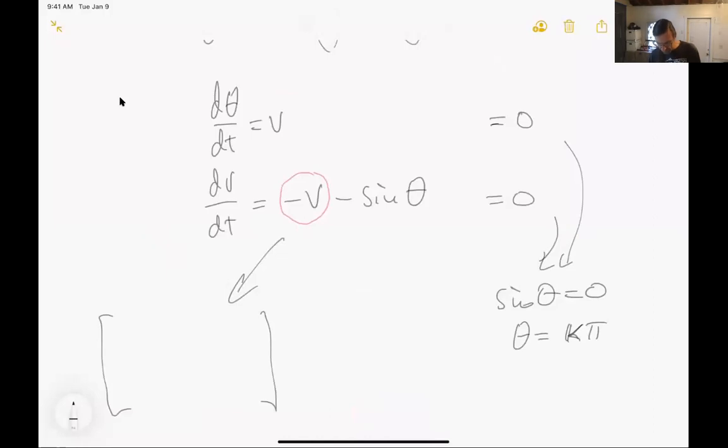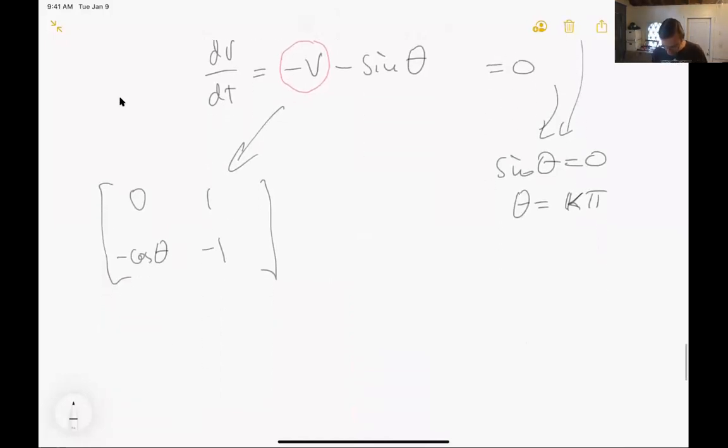Partial of the first function, which we set to theta, is 0. First function with respect to v is 1. Second function with respect to theta is minus cos theta. And the partial of the second function with respect to v is minus 1. And again, that minus 1 is new. It wasn't there the last time we did this.